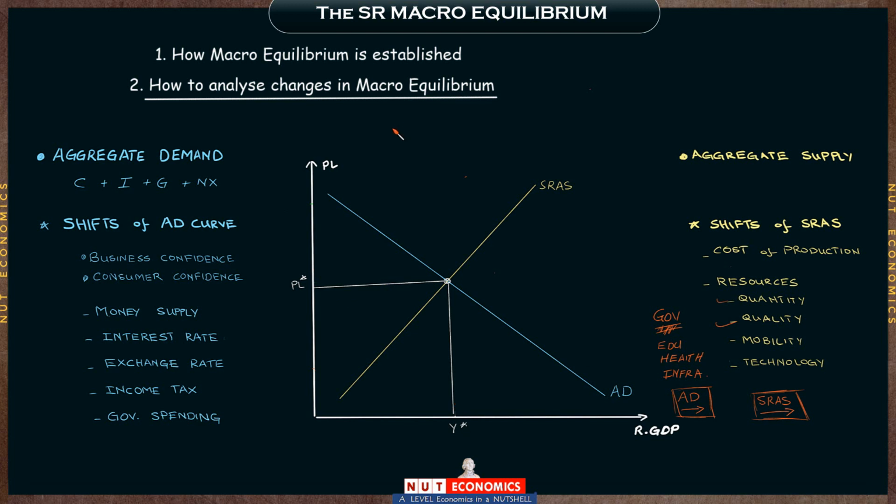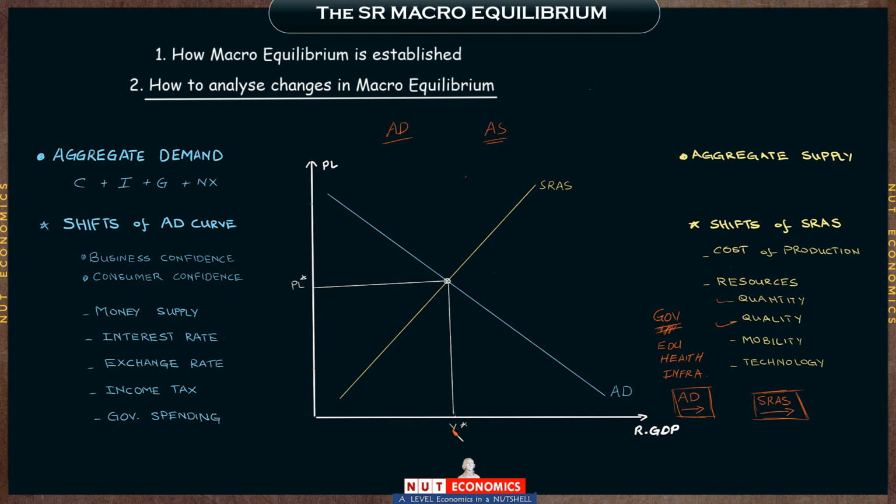All you have to do is separately work out the impact on GDP and price levels because of aggregate demand shift, then separately work out the impact on macro variables because of aggregate supply shift, and then see if your price level is being pulled in the same direction by both AD-AS changes, then you know where your price level will go. If your AD and AS are pulling your price levels in opposite directions, you simply say that we can't say for sure what will happen to the price levels.